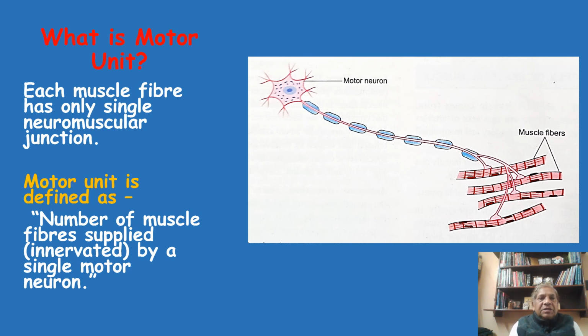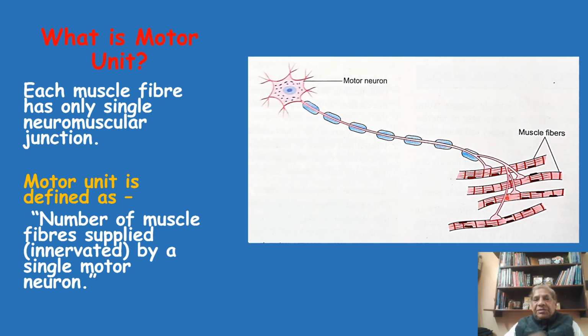Now this is called a motor unit. In this diagram, let me bring the pointer here, you will see that this is a motor neuron. Say for example it is located in the spinal cord anterior horn cell, and this motor neuron is sending the axon.